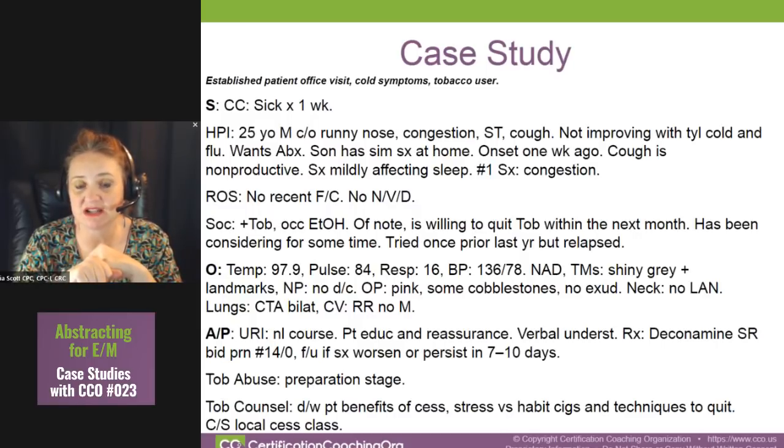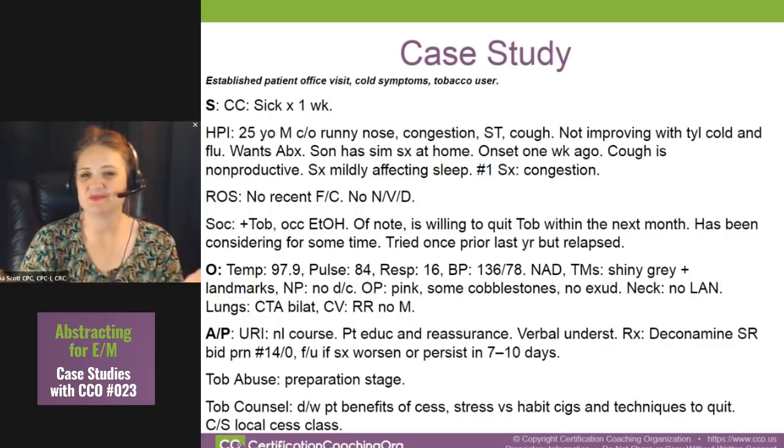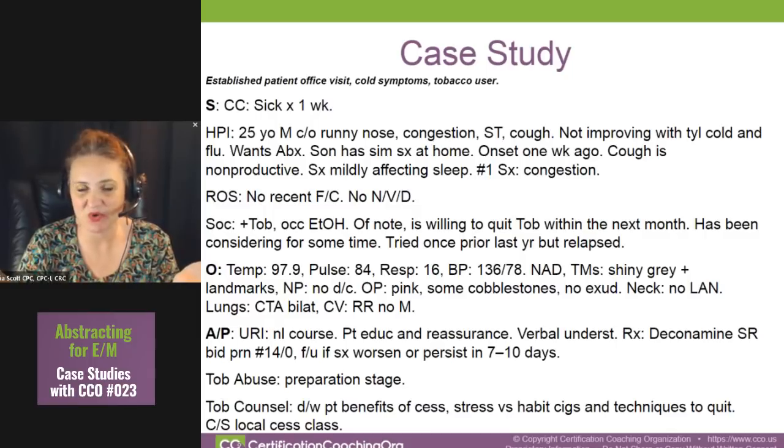Cough is non-productive. Well, that can be classified as a quality, but again, productive versus non-productive tells us quite a bit about the disease process and the decision-making that's going to be made as far as a diagnosis, so that's pertinent. Symptoms mildly affecting sleep, because what happens when you go to sleep when you have a cold, right?